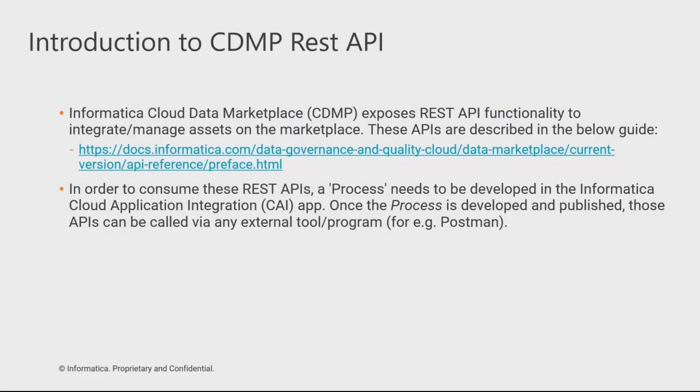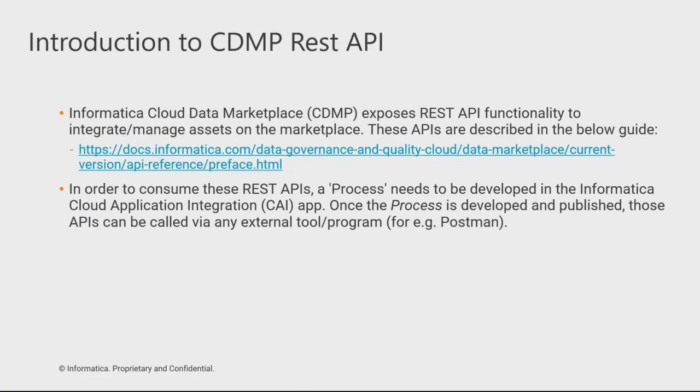In this guide, you will find various categories and different sections with a huge set of query parameters. Every API has more than 20 query parameters.